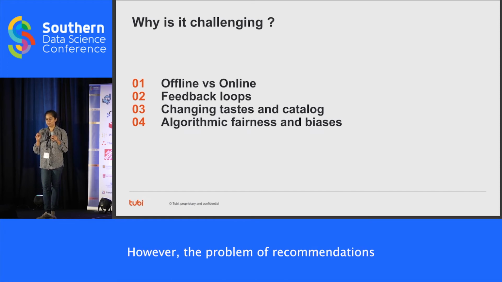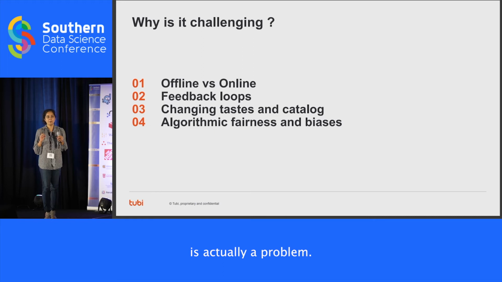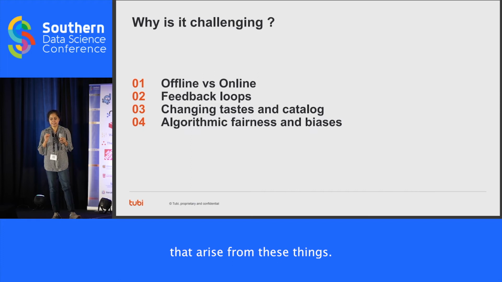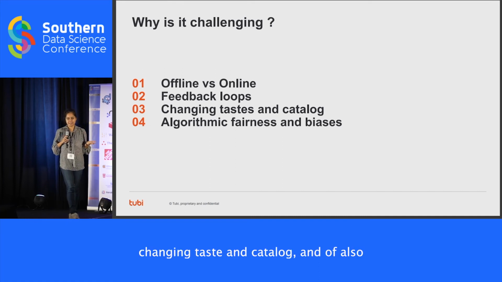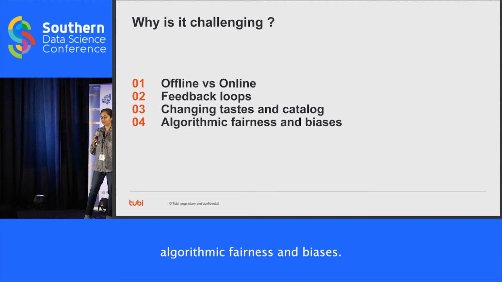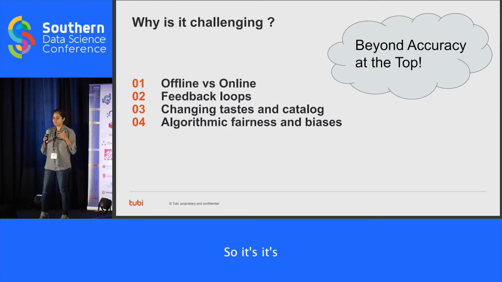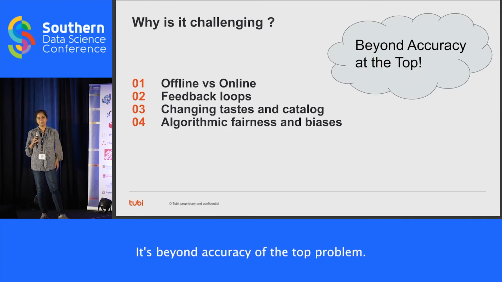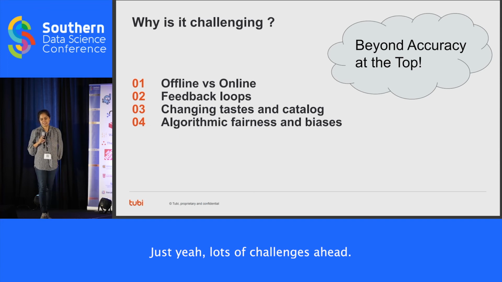However, the problem of recommendations is actually a problem of beyond accuracy at the top. There are several challenges that arise, for example, offline versus online metrics, feedback loops, changing tastes in catalog, and also algorithmic fairness and biases. So it's definitely not a solved problem. It's a beyond accuracy at the top problem, with lots of challenges ahead.